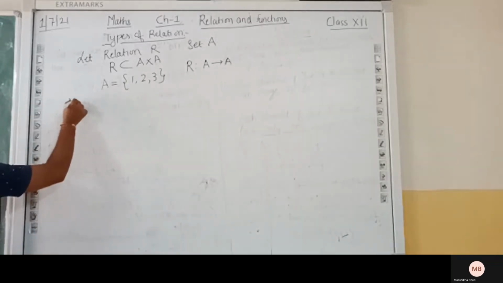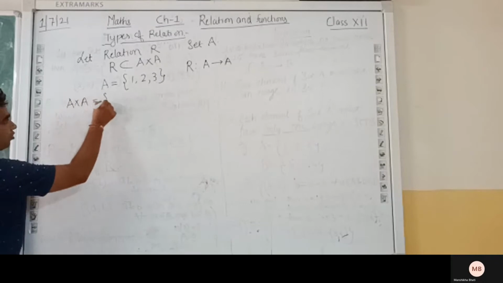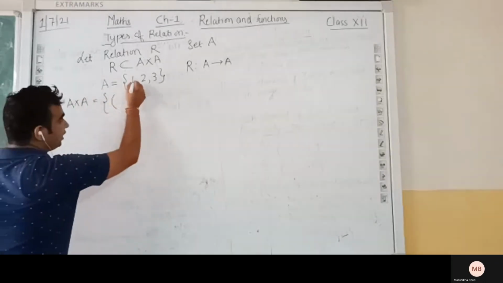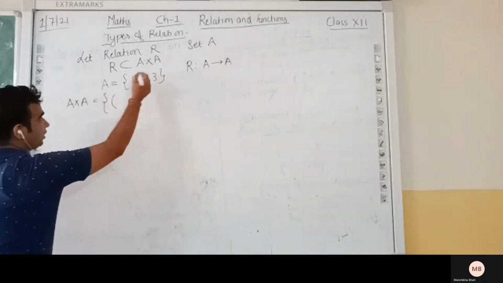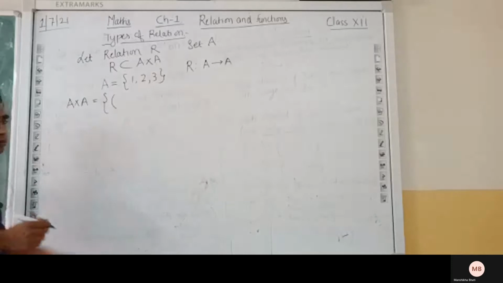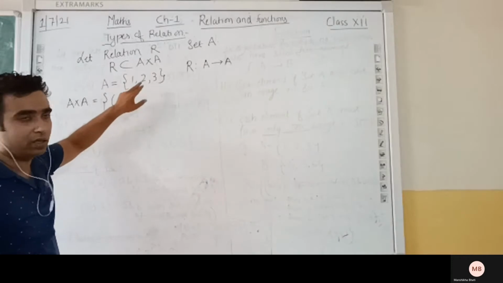That is A cross A. Okay. So A cross A क्या होगा यहाँ पे? That means every element of set A will make an ordered pair with the set A.